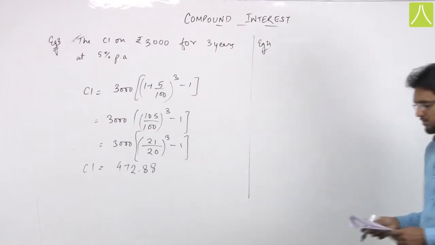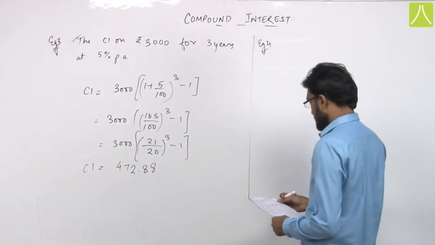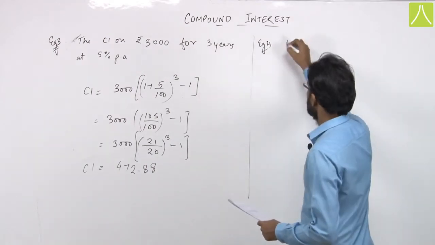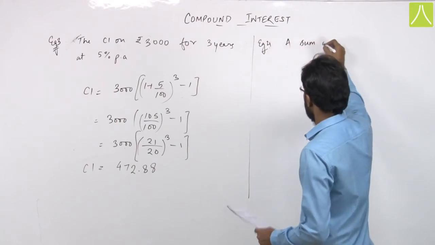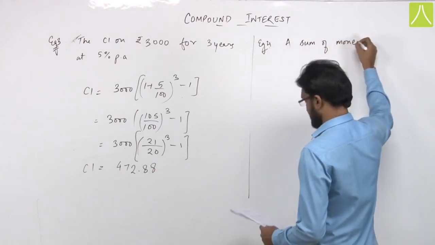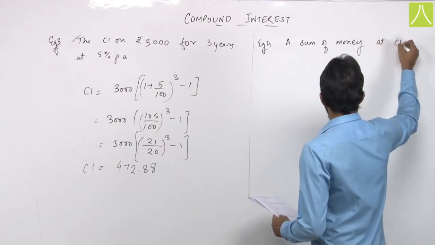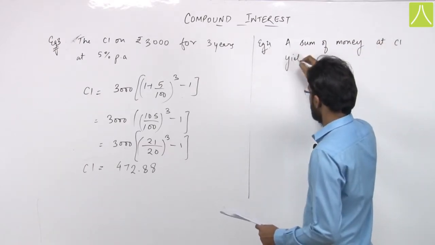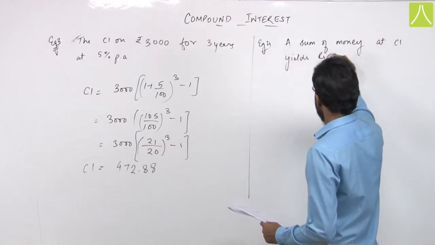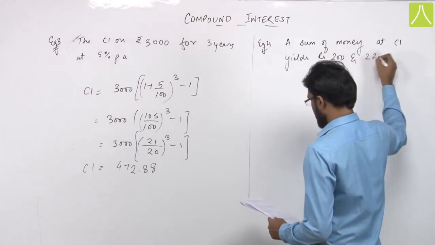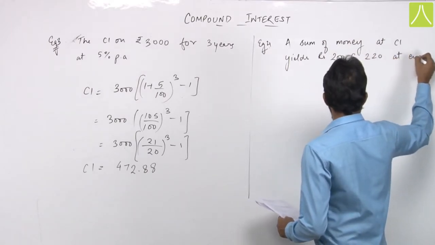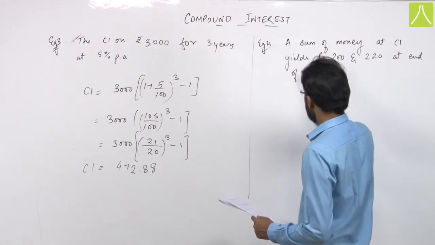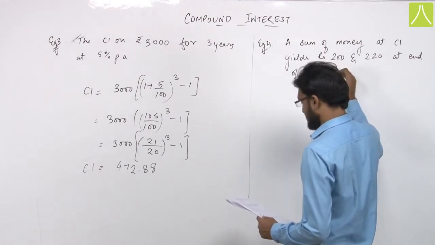Moving on to another question. Let us say we have to find a sum of money at compound interest which yields rupees 200 and 220 at the end of the first and second year respectively.